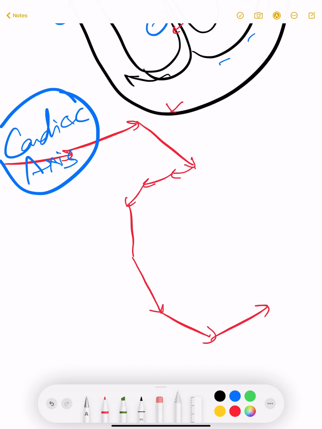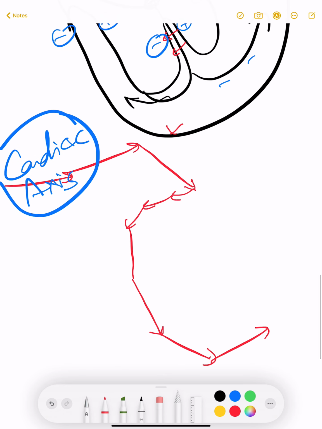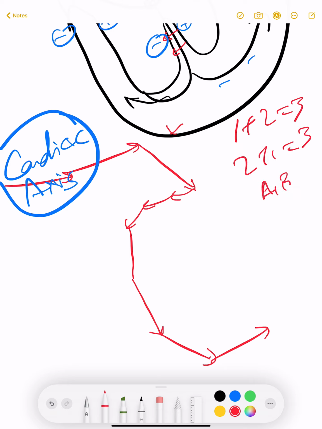So we added all the vectors. It doesn't make any difference which vector we place where, because 1 plus 2 is equal to 3 and 2 plus 1 is also equal to 3. Similarly, A plus B will be equal to C, and B plus A will also be equal to C. So it doesn't matter which vector I put where. What matters is our answer.